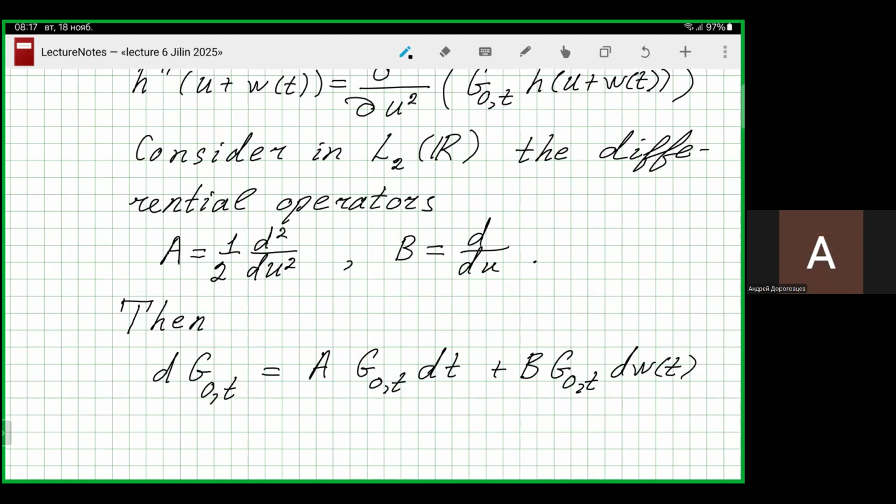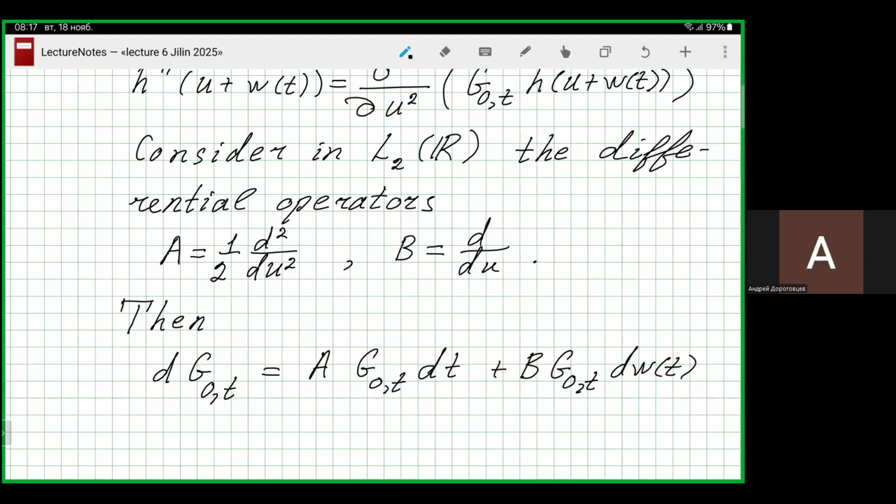But formally, we still have a representation of our stochastic semigroup as a solution to a linear stochastic differential equation in Hilbert space with unbounded operators.